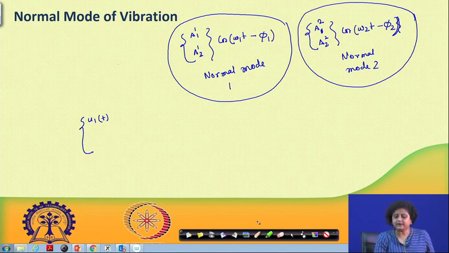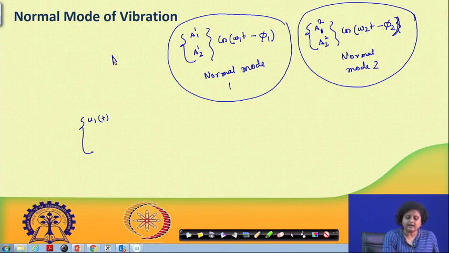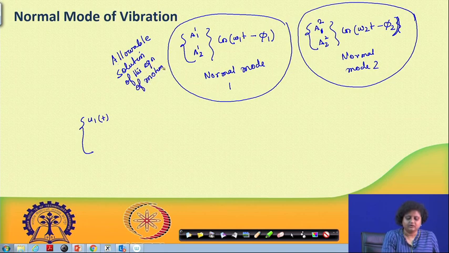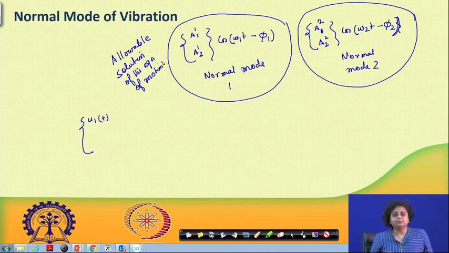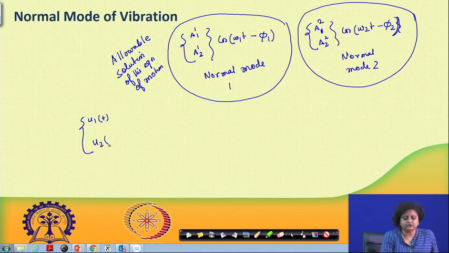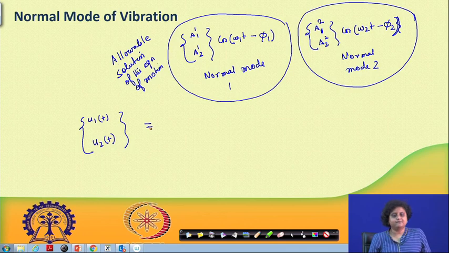So, this is my normal mode 1, this is my normal mode 2, and both of these are allowable solutions of the equation of motion. Now, the beauty of normal mode of vibration is that any arbitrary solution or response of the 2 degree of freedom system.